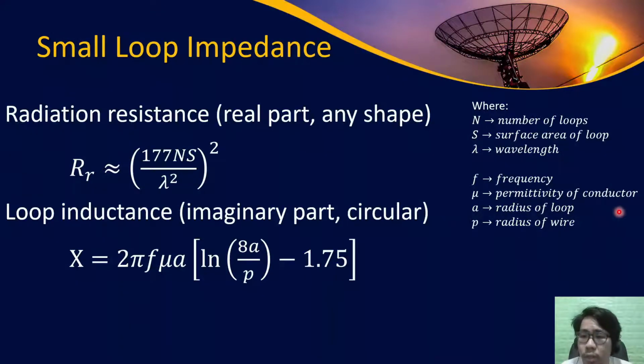The conductor here refers to the material used for the loop. The a here is the radius of the loop, and the p is the radius of the wire or conductor that is the material of the loop.